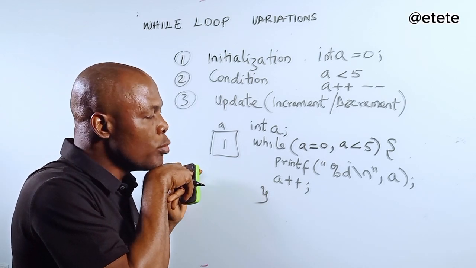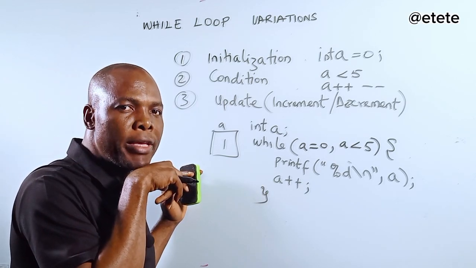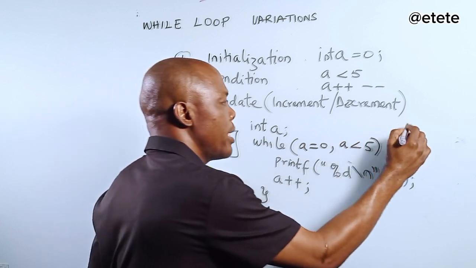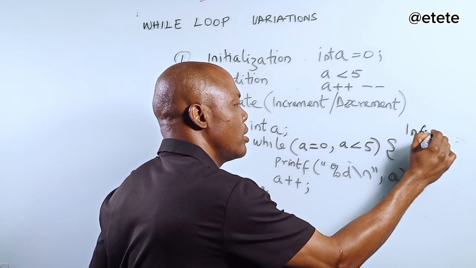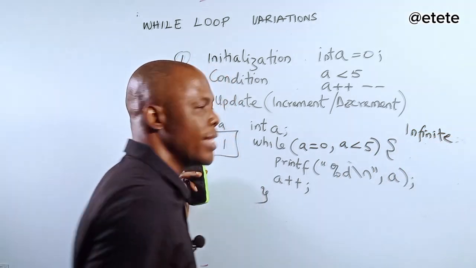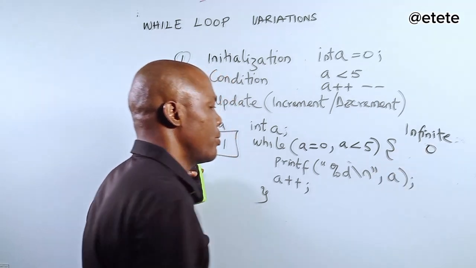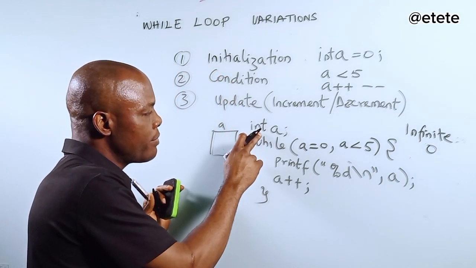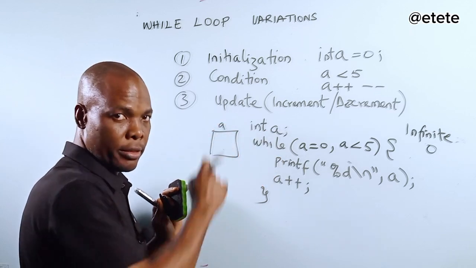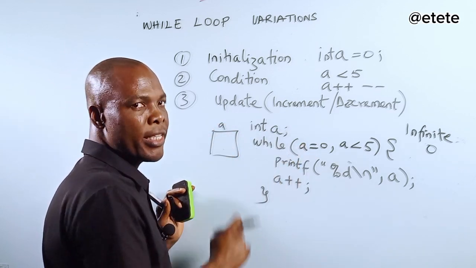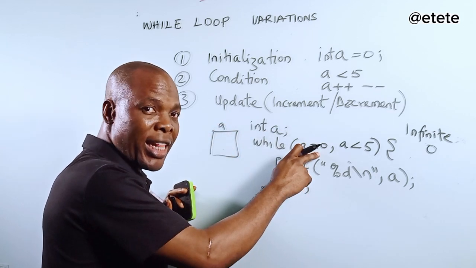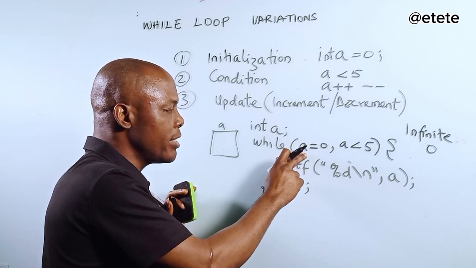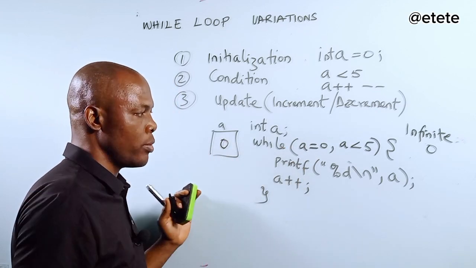Now, if you look, this loop is going to be an infinite loop. It's never going to end, and the output will always be 0. Why? I have declared my variable A, which is this. Then I come inside the loop and I'm initializing it inside the loop, so I assign 0 to A. This place becomes 0.